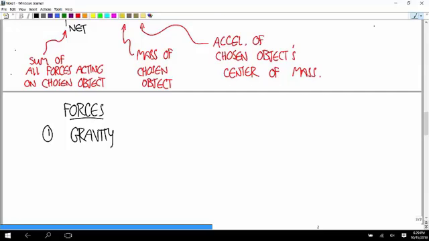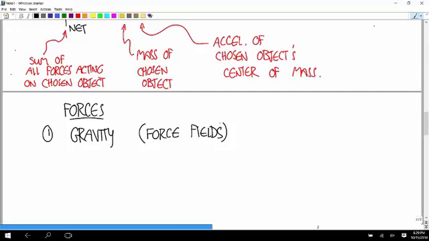Really, the weight force is a subset of force fields. And so gravitational force is a force field. There are some other types of force fields like electric fields, magnetic fields. We're not going to talk about any other ones except gravity.